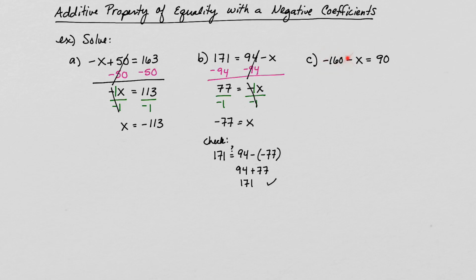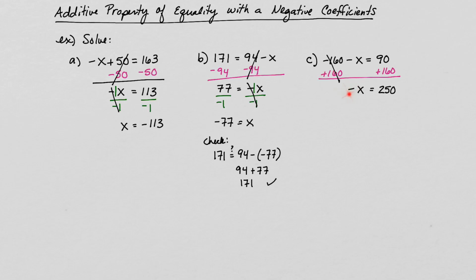So I'm going to first deal with this negative 160. It's hanging out here all by itself. I want to move it to the other side. Since it was a negative 160, I'm going to add 160 to both sides. If I do that, they cancel. I'm left with negative x on the left-hand side, and then 160 plus 90 is 250.